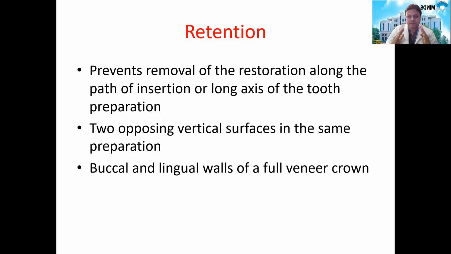The maximum taper which we can give is usually 22 degrees, and that too, we may have to go for resin cements. Luting such a crown which has a taper of more than 22 with a normal luting cement will often lead to failure. So less the taper, more the retention.